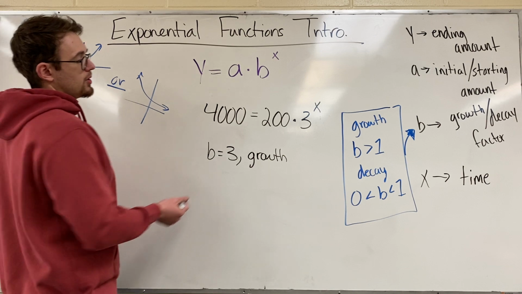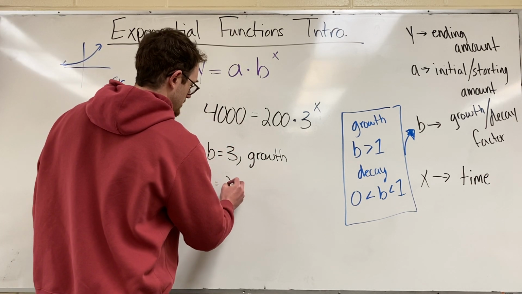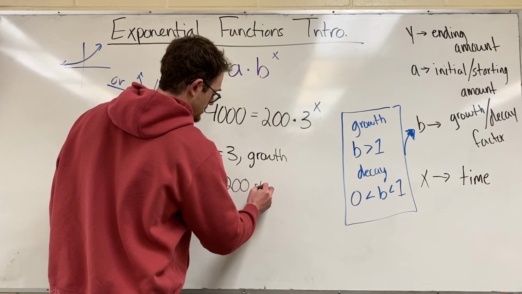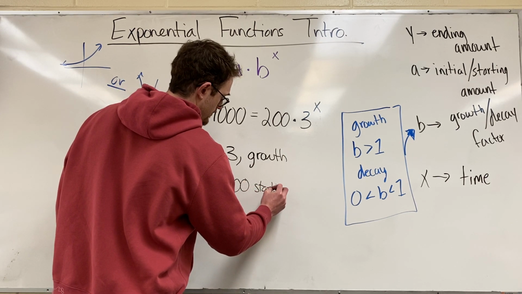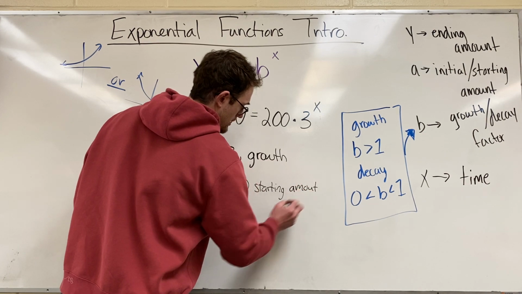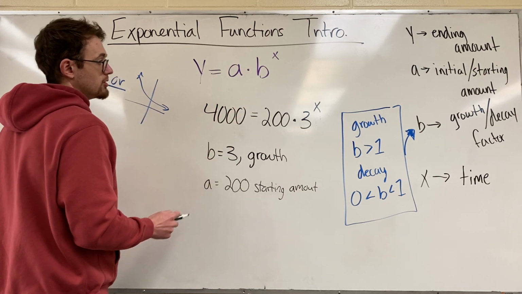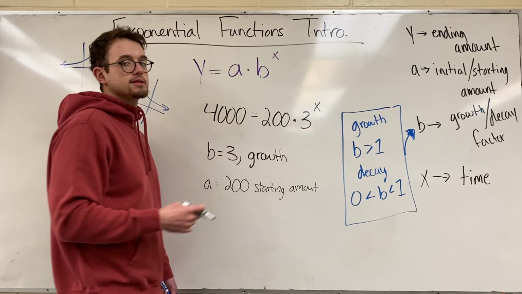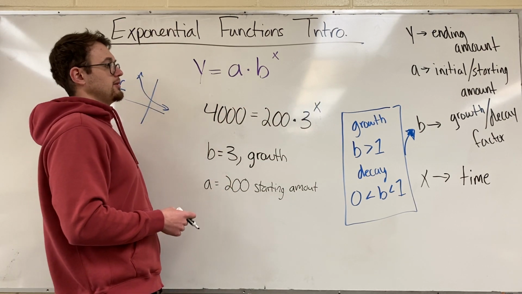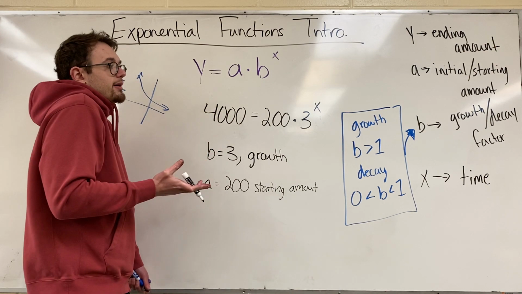I can also say what A is. So A equals 200, the starting amount. And then I also know how much it ends with, because that's what y is. So after some random amount of time growing, whether it took 20 years, 10 years, I don't know. I don't know how much time it took.